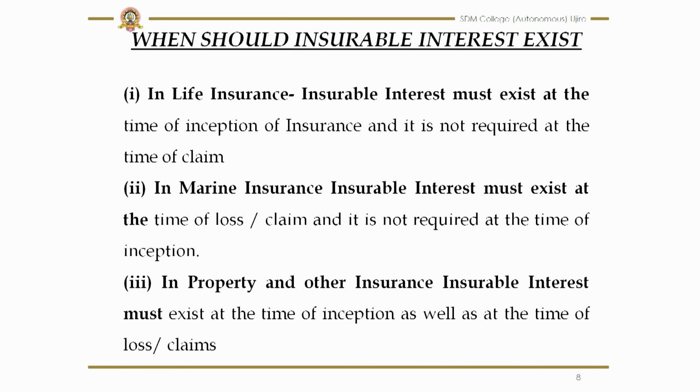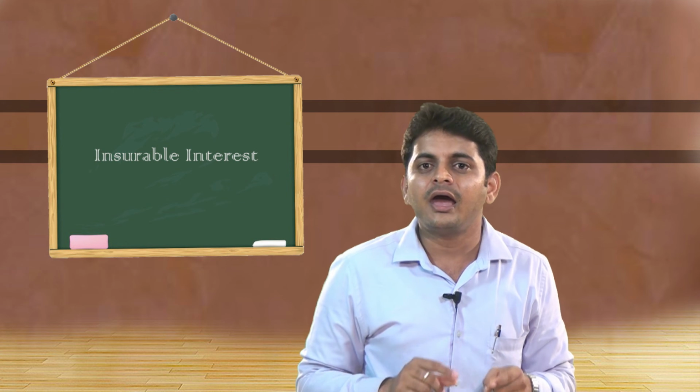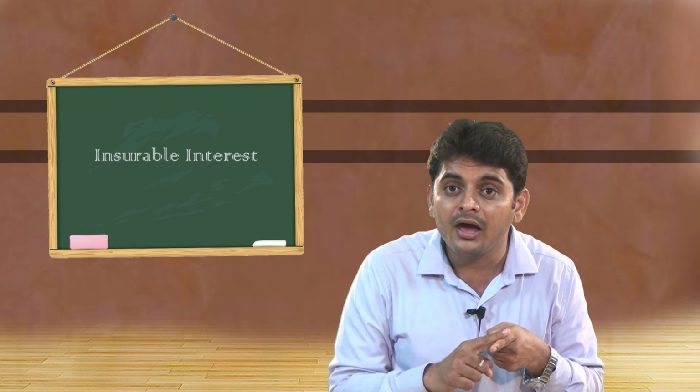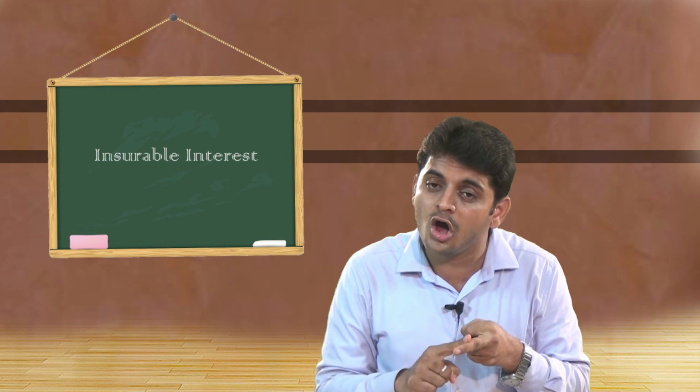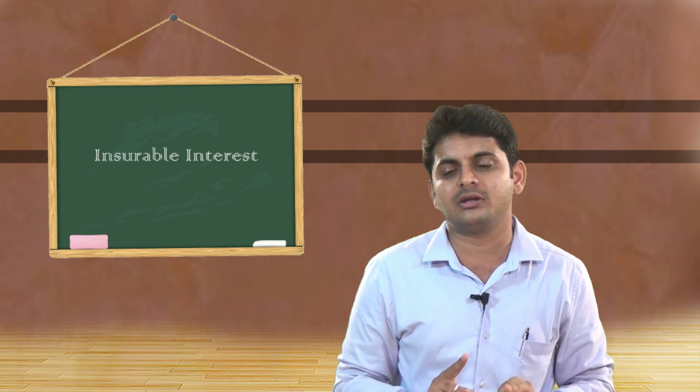Sometimes the importer will take insurance, then he has to take care of the property from the exporter's point of dispatch itself. Then at the time of loss, whoever has ownership will be considered as having insurable interest. In property and other insurance, insurable interest must exist at the time of inception as well as at the time of loss, at both times.